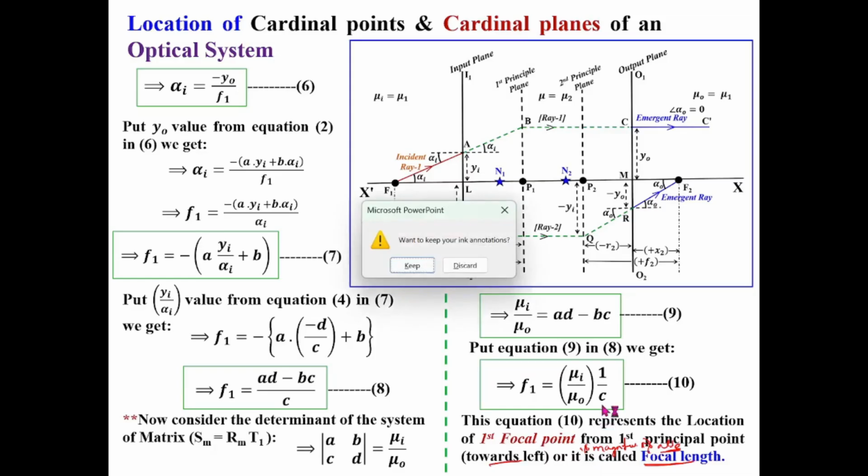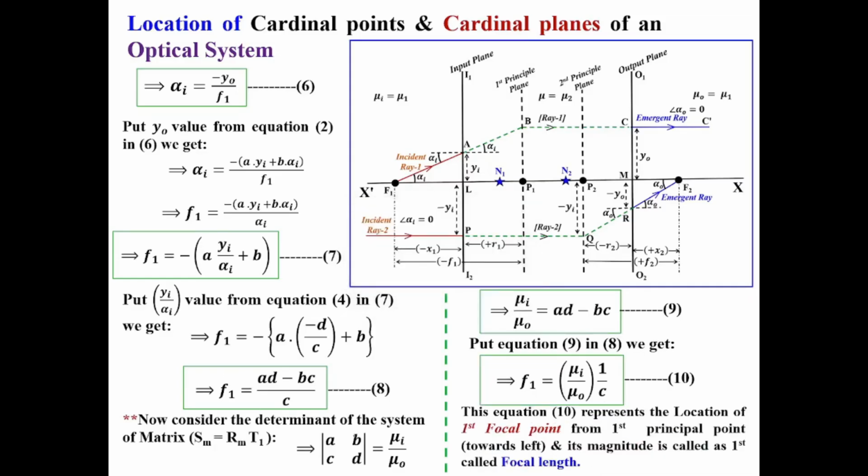Here this equation represents the location of the first focal point, this one, from the first principal point, this one, towards left, and this magnitude or this length is called your first focal length.